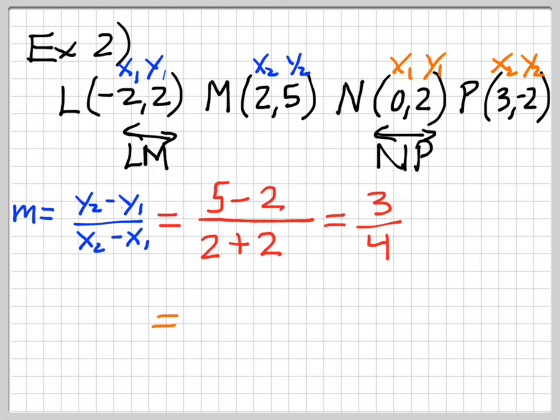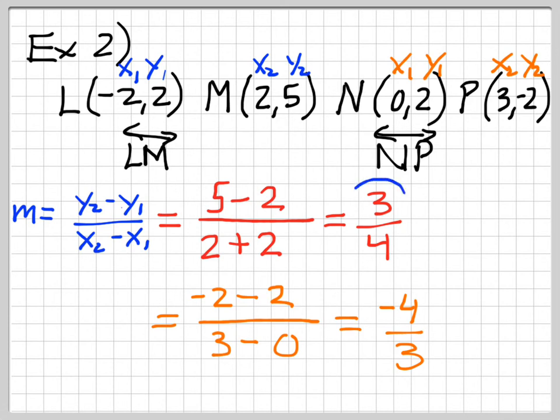Down below here I'm going to make a big division line, and I'm going to carefully plug the numbers in the appropriate spot. y2 is negative 2, y1 is positive 2, so part of the equation is minus, subtracting. x2 is 3 minus x1, which is 0. And on the top we get negative 4. On the bottom we get positive 3.